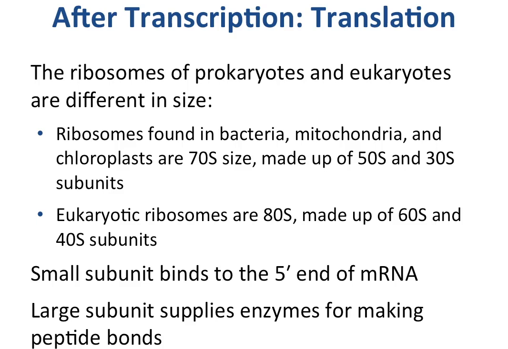The ribosome in prokaryotes, mitochondria and chloroplasts is 70S in total, and the two subunits are 50S and 30S. The combination of 50S and 30S is not 80, actually it is 70. For the eukaryotic ribosome, the total is 80S, and the two subunits are 60S and 40S.